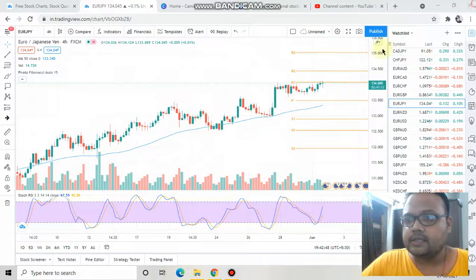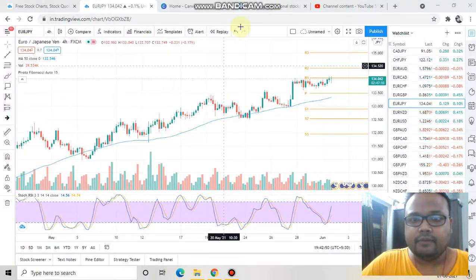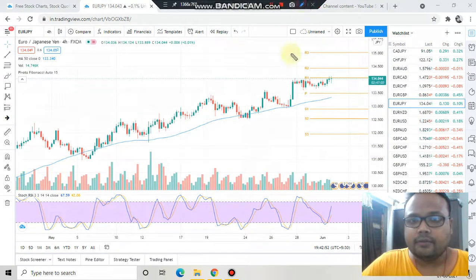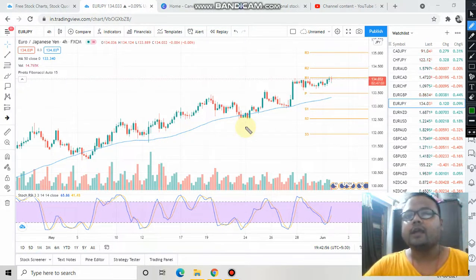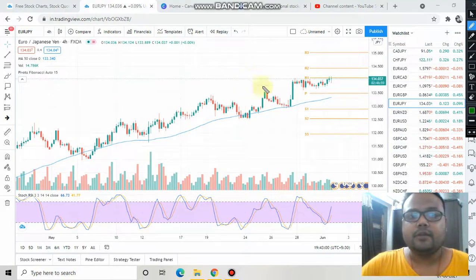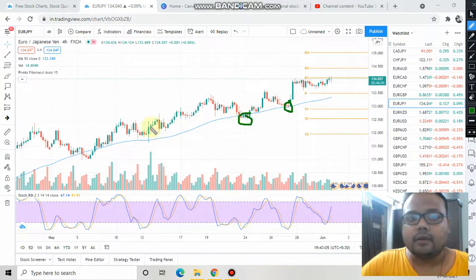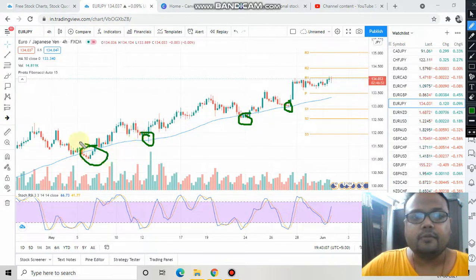In this case, we can see that the 50 moving average is providing the required support to the market, or the 50 moving average is acting as a support. Because whenever the market is coming down, it is getting support from the 50 moving average.